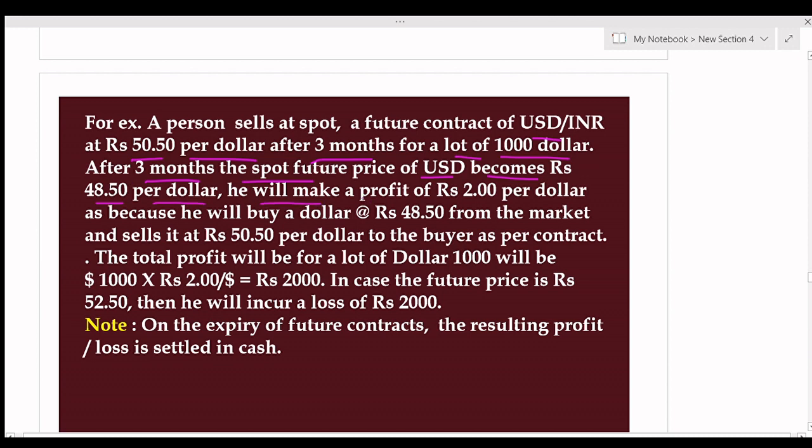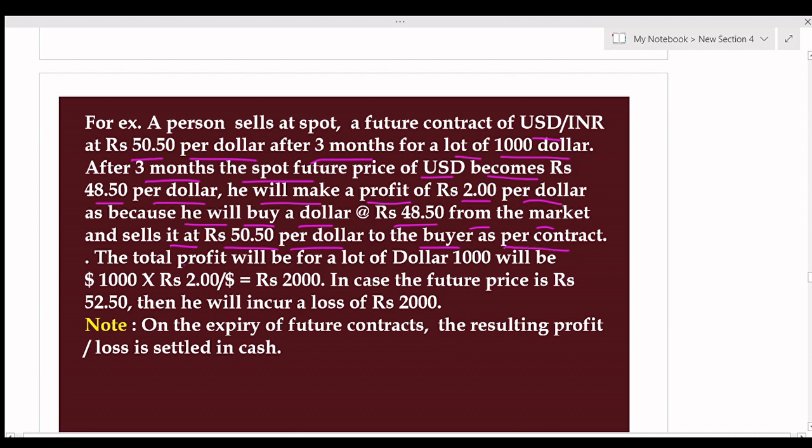He will make a profit of rupees 2 per dollar, because he will buy dollars at the rate of rupees 48.50 from the market and sell them at rupees 50.50 per dollar to the buyer as per contract.